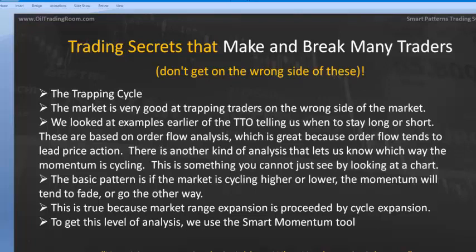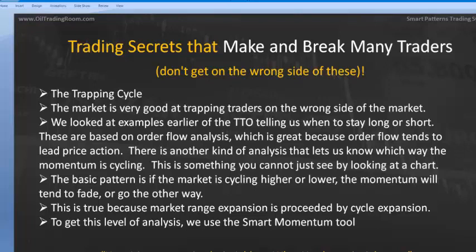But there's another kind of analysis that lets us know which way the momentum is cycling. That was that third thing in the chart. We'll look at another chart. This is something that you can't see just by looking at the chart. And the basic pattern is if the market is cycling higher or lower, we'll talk about it from the viewpoint of higher. The momentum will tend to fade or go the other way, away from that.